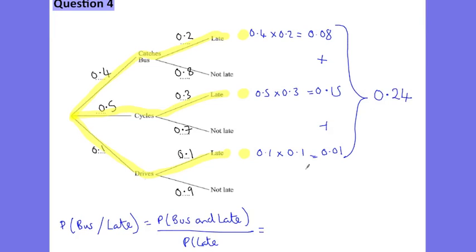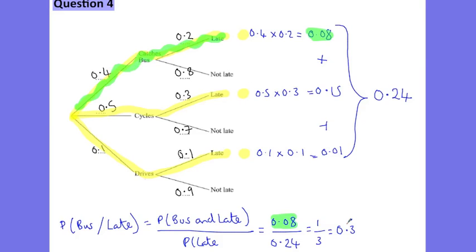We've just worked out the probability of being late, 0.24, and then we're asked to find the probability of bus and late. Bus and late is this one. So here we have 0.08. Again, we can leave this as a fraction, 1/3, or as a decimal, 0.3 reoccurring.